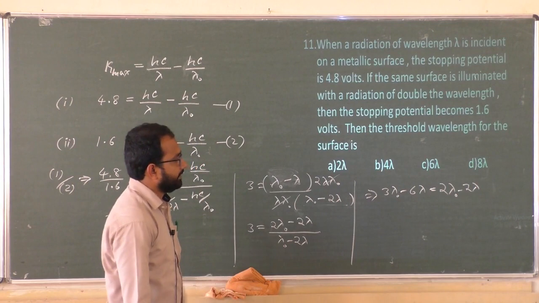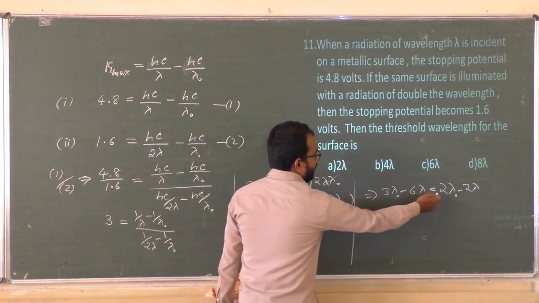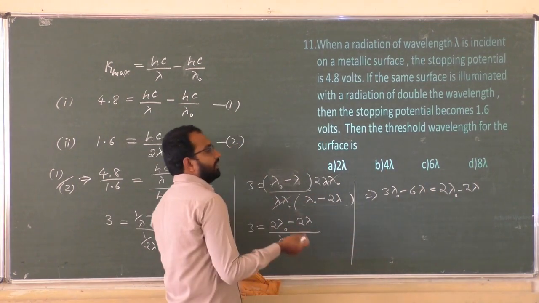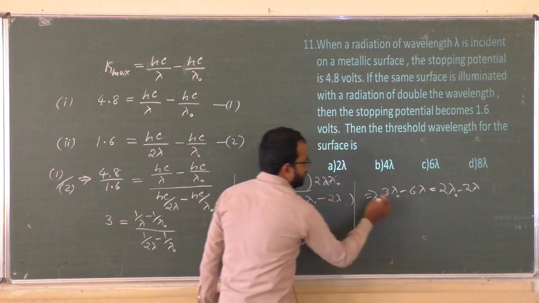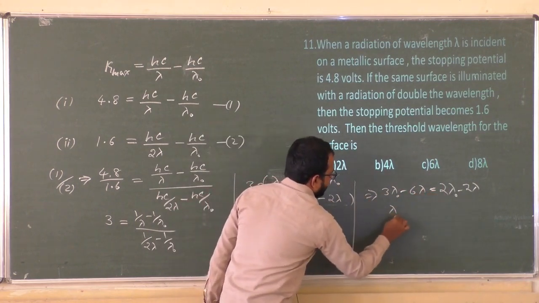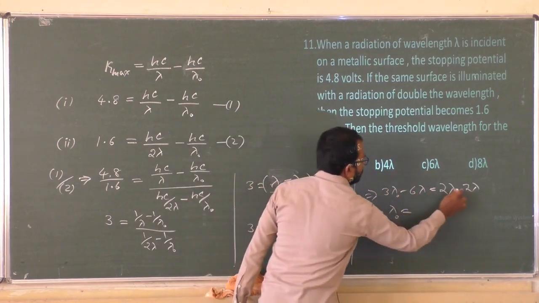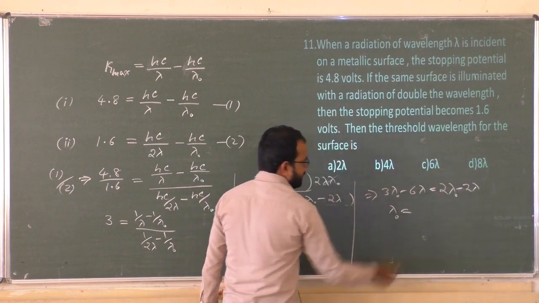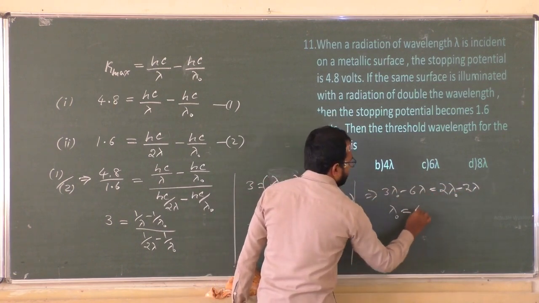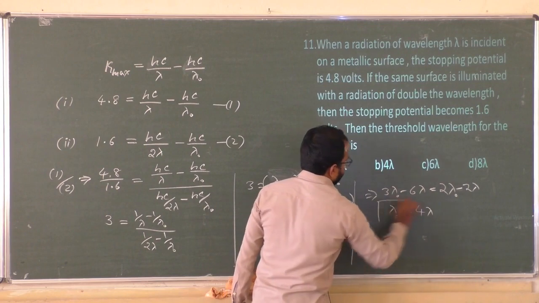Okay, so therefore we want the value of lambda naught. So bring here 3 lambda naught minus 2 lambda naught is lambda naught, which is equal to minus 2 lambda plus 6 lambda, it is 4 lambda.